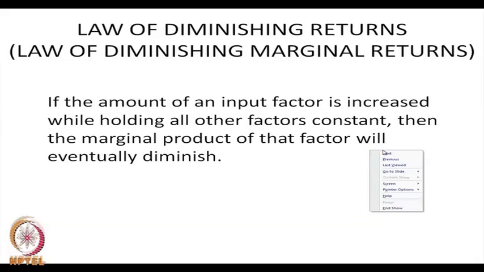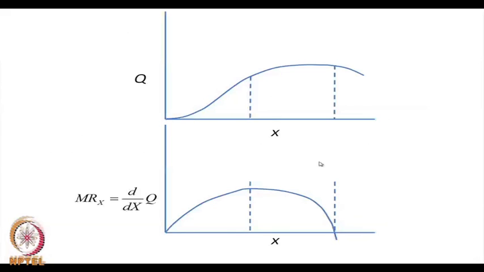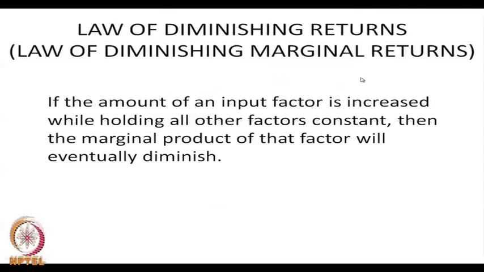This is shown in this slide: keeping all other factors at a certain value, if one factor x increases, then the quantity produced increases for some time, comes to a steady state value, and thereafter it declines. This is the law of diminishing returns.